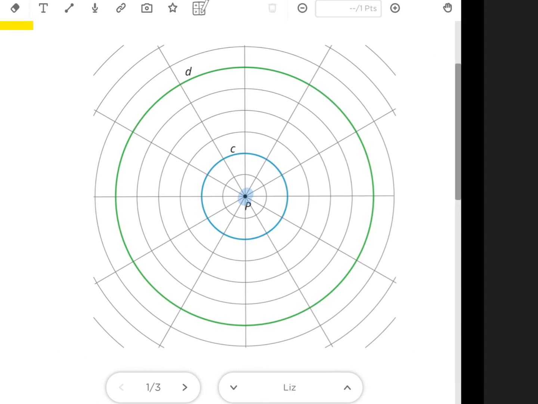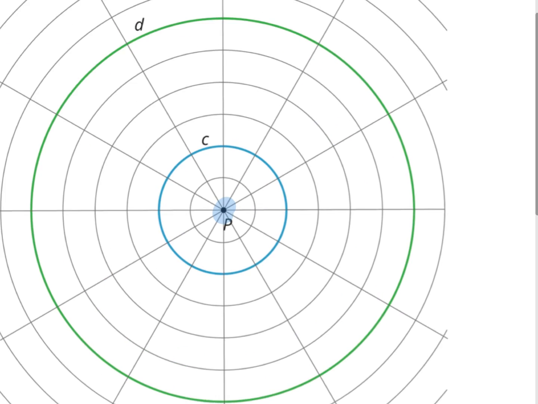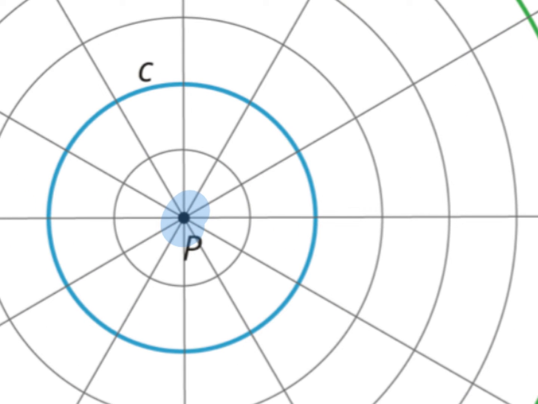So you can see that you've got circle C is the smaller circle. Circle D is the enlargement of it. So I'm going to count using this grid that is given here to you because it makes it a little bit easier to count units. So I'm just going to choose a grid line, and the distance from the center to the circle.